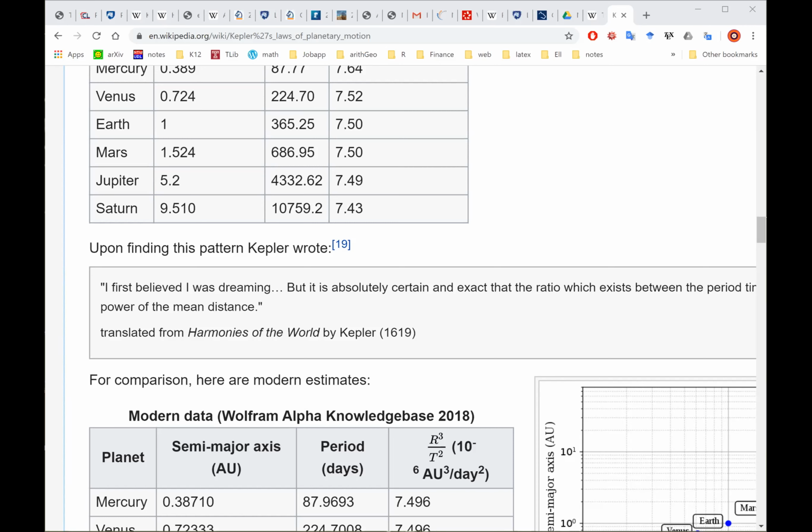I should mention another person, Hooke. Newton first discovered this universal law of gravity, proportional to 1/r², and he used that to explain how to derive Kepler's three laws.